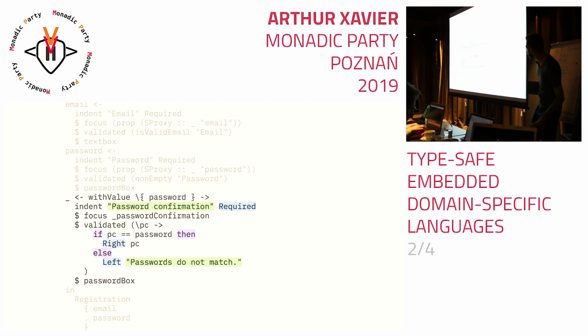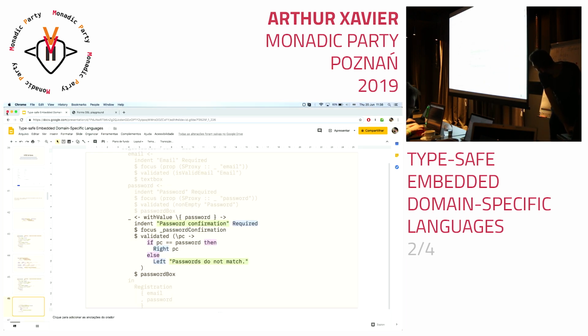So you can access the password here, and mind that this password is exactly the string. It's not the validated result, that validated password result. It's the validated string. And yeah, this thing is wrong because it should be fromValidated here, but I'm going to edit the slides so you can get it to compile if you want to.